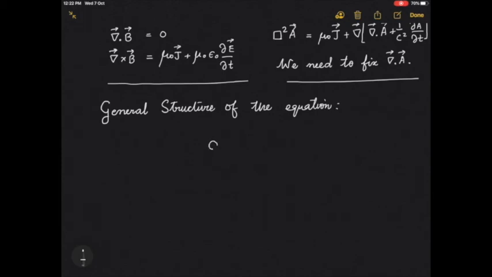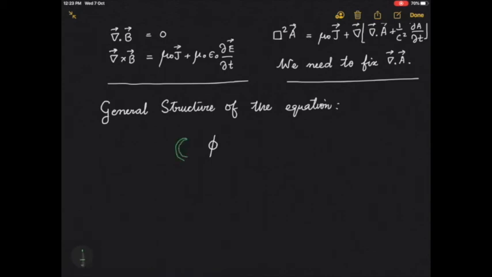So you are trying to solve for some quantity. Let me write that as phi. It can be one component of the electric field, one component of the magnetic field, or one component of the vector potential A, or the scalar potential phi itself. I have an operator operating on it.